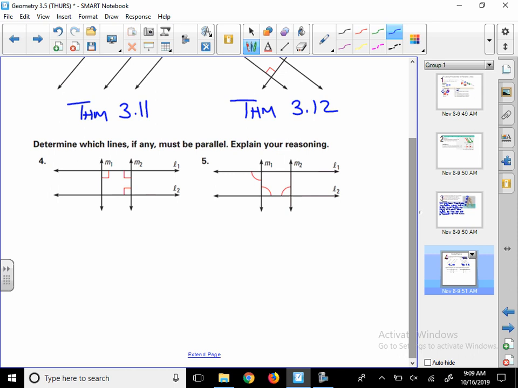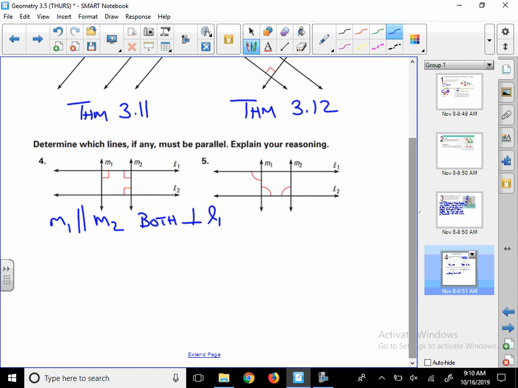Right away, I look at this, I see M sub 1 has to be parallel to M sub 2 because they are both perpendicular to L sub 1.